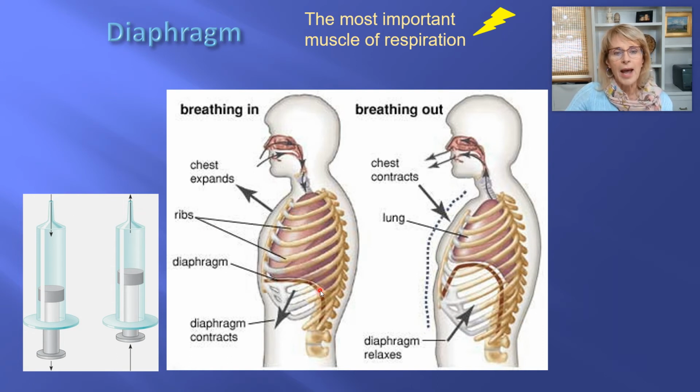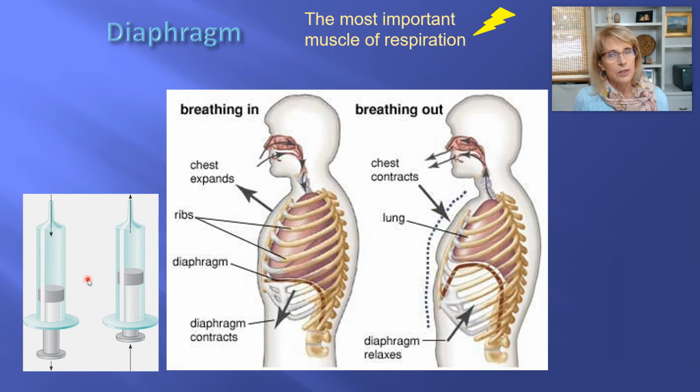The diaphragm acts a lot like this plunger. Let's look over here on the left, and we can see a regular hypodermic syringe. When you pull down on the plunger, you make the space inside of the syringe bigger. That makes the pressure inside of that space lower, and air will move from higher pressure to lower pressure.